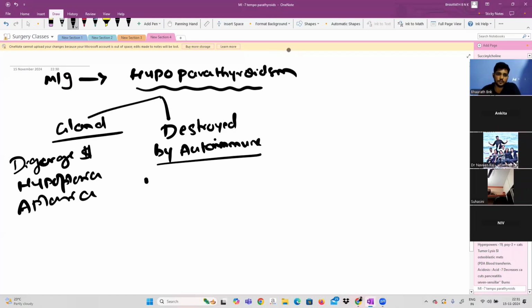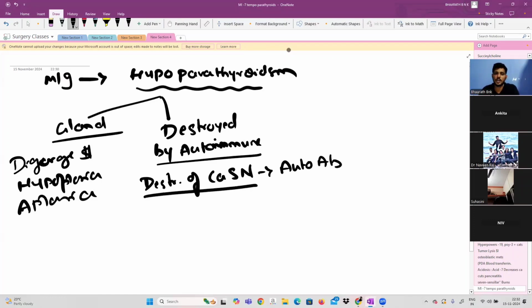This happens because of destruction of calcium sensing receptors, right? The fluctuations in the level of the calcium is not sensed by the gland at all. Now, autoantibodies are formed against these calcium sensing receptors, which will destroy these receptors so that the gland will not sense it and it will not release the parathyroid hormone. So that is why there is reduction in parathyroid levels.